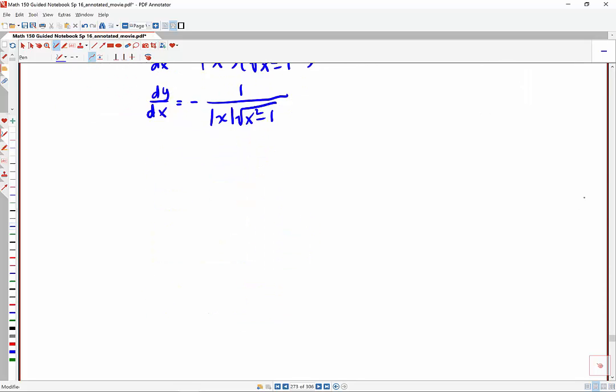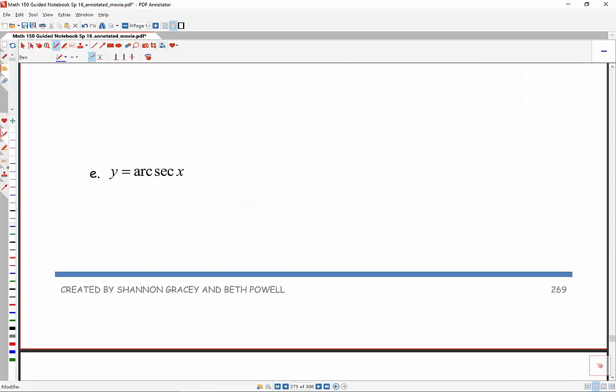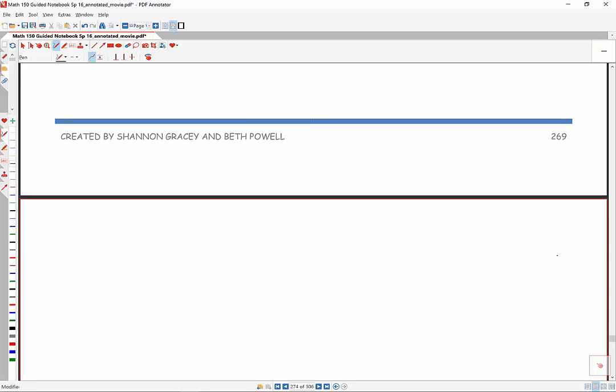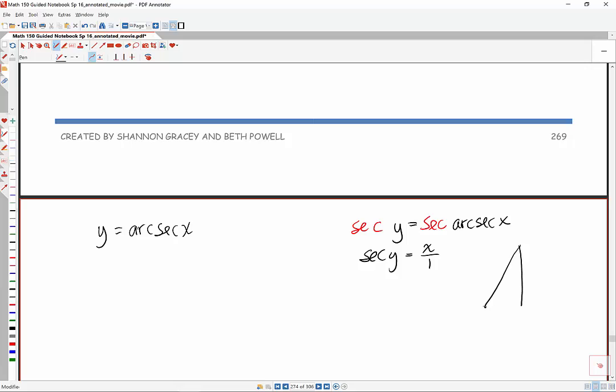Here we go. Arc secant at x. So, evaluating the secant of both sides, we will have secant at y is equal to x over 1, making our triangle. We have our angle of y.